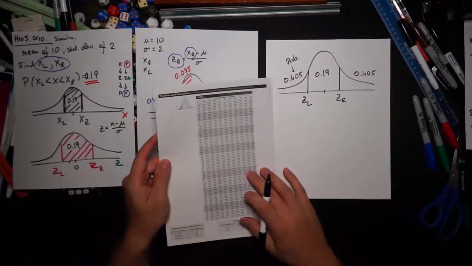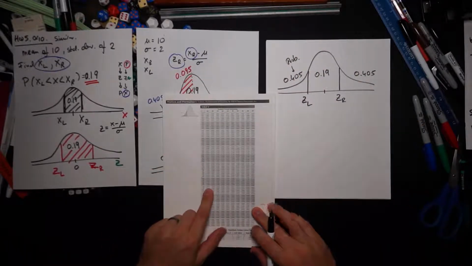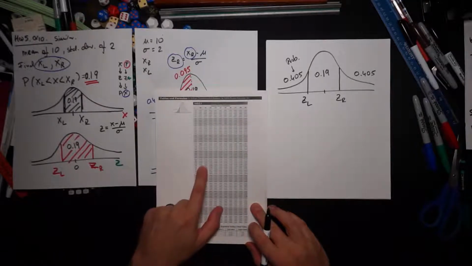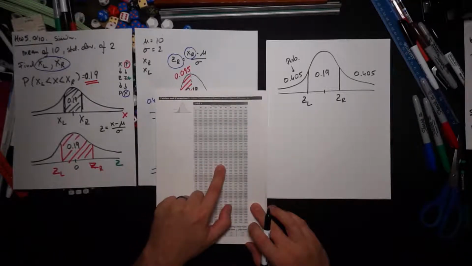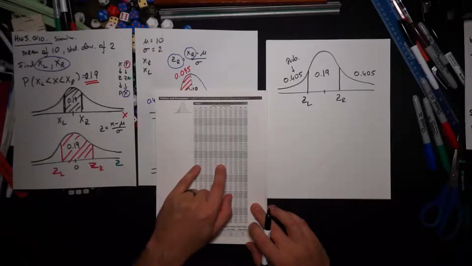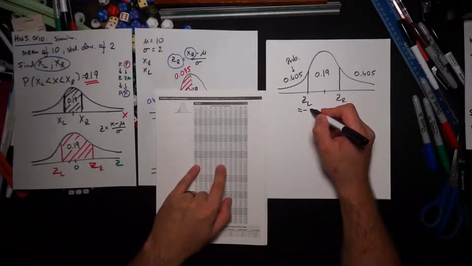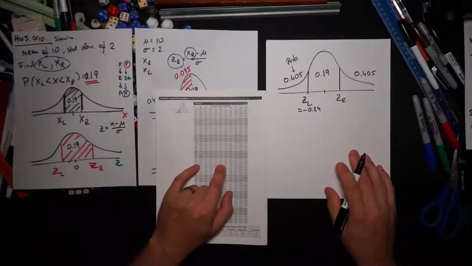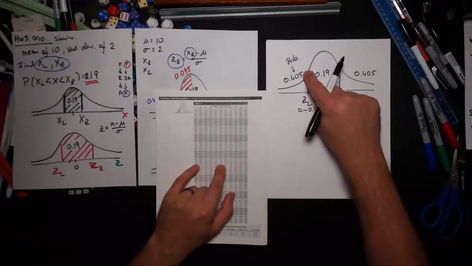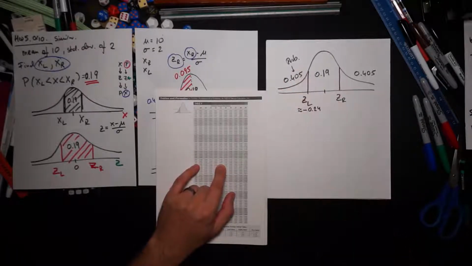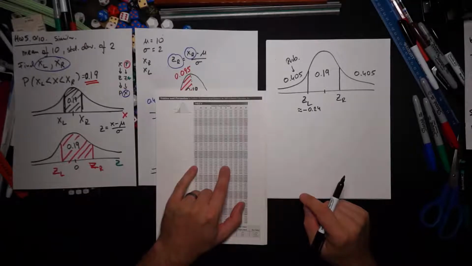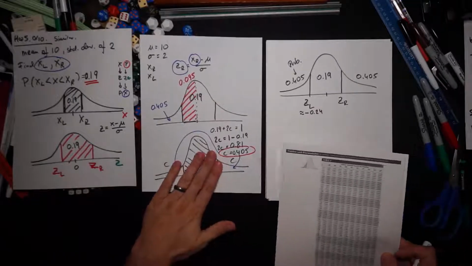If we find 405 in the table, we find about negative 0.24. That's the z-score corresponding to this probability, or at least that's the closest one.